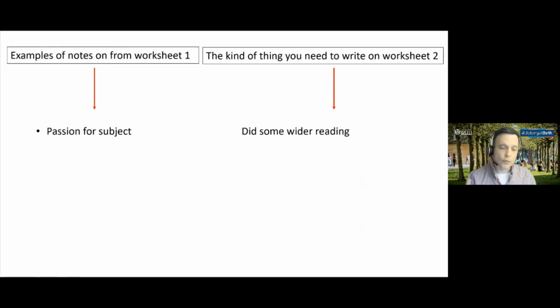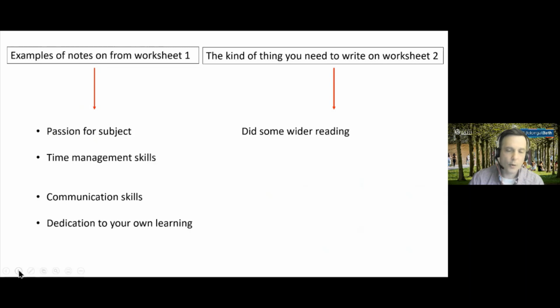Write down an area of your life that demonstrates that you have experience of that particular element. If you haven't written anything down on worksheet 1, give these a go, because these are very common things that come up in most degrees that are required. Maybe you've got some experience of one or two of these.